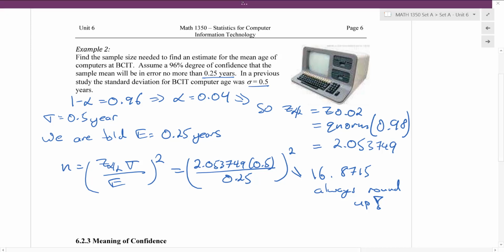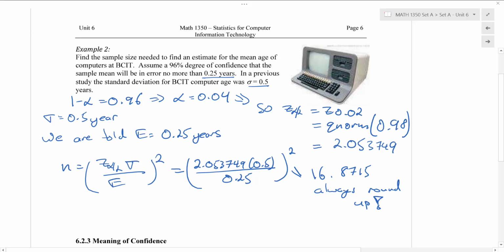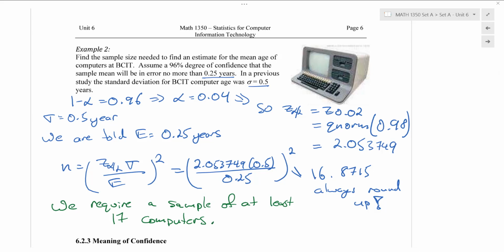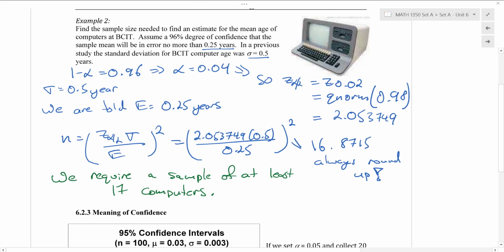So if we wanted to do this, we would require a sample of at least 17 computers. Not so bad. If you thought you needed 100, without doing this computation, you might waste a lot of time and valuable resources when 17 is sufficient.